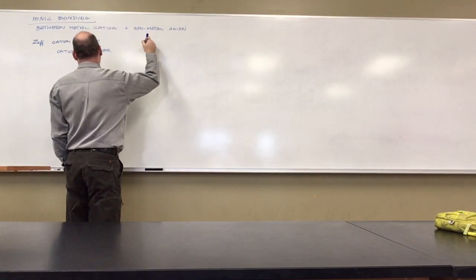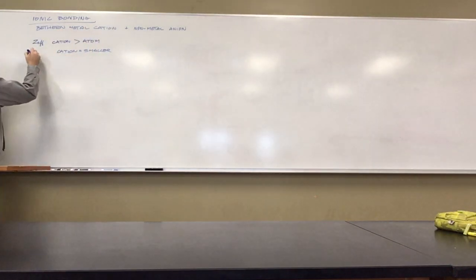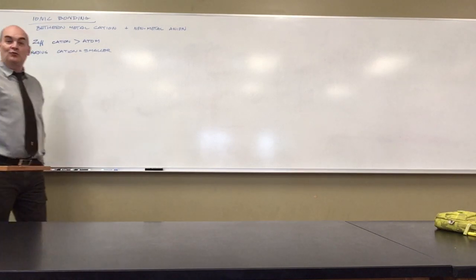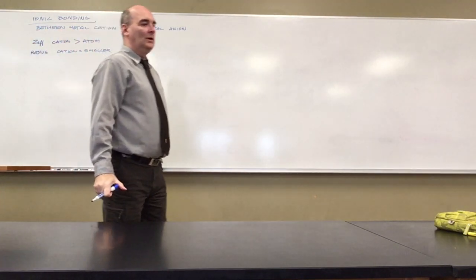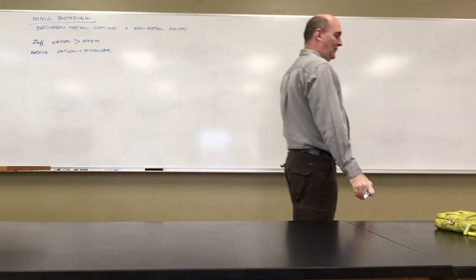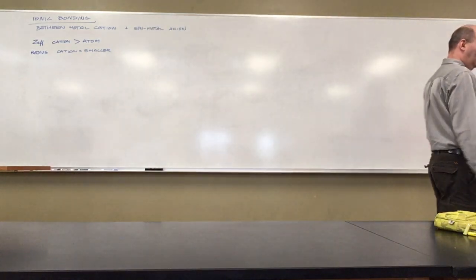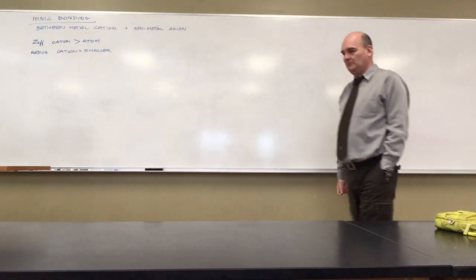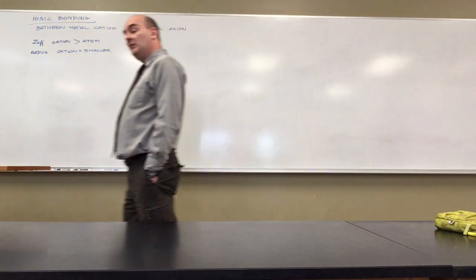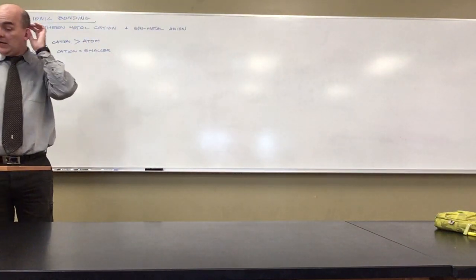And Z effective, so we did Z effective, and we looked at its effect on radius, and we looked at its effect on ionization energy. Those were the big 2. Something that we never pursued, and maybe it will come back around.